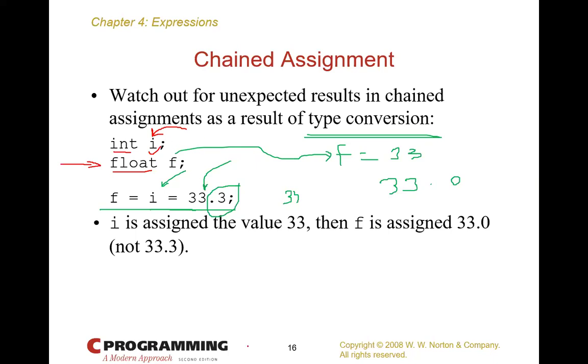All right. So if we assume that I assign 44.75 into I. So if I do this kind of assignment, if I say I is equal to 44.75, this value on the right-hand side of the assignment operator is a float. I'm trying to assign it into I, which is an integer.